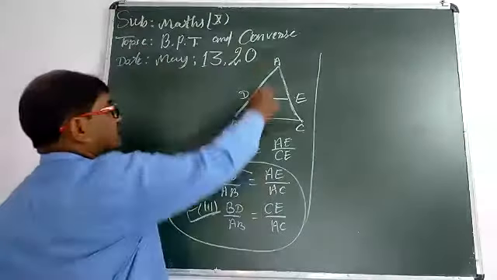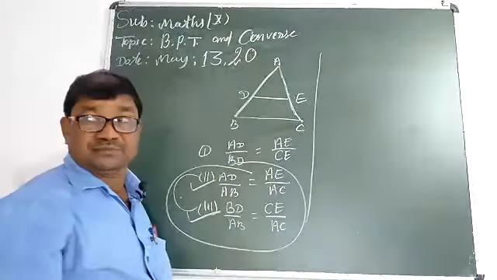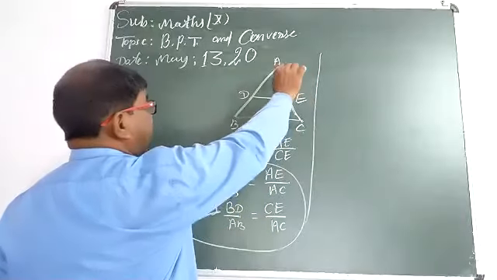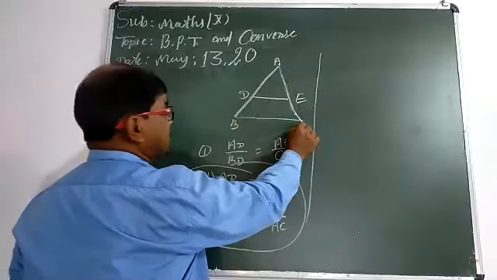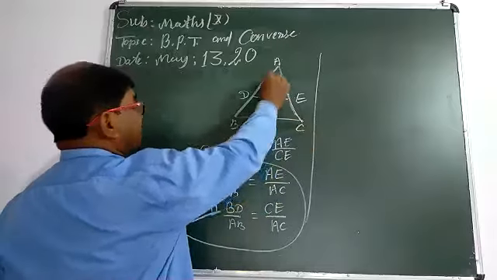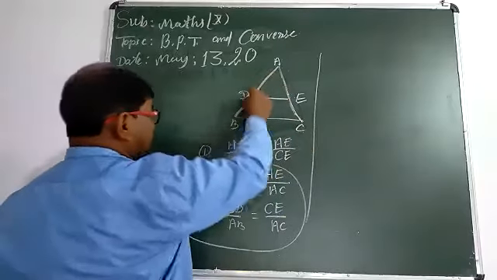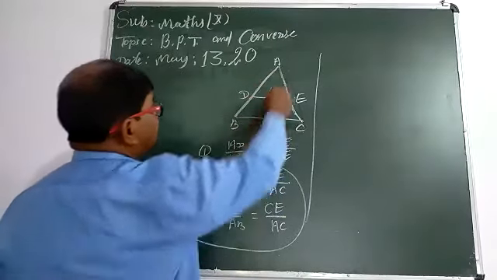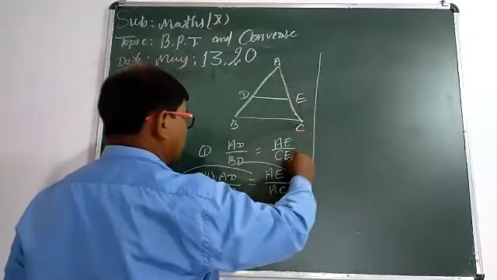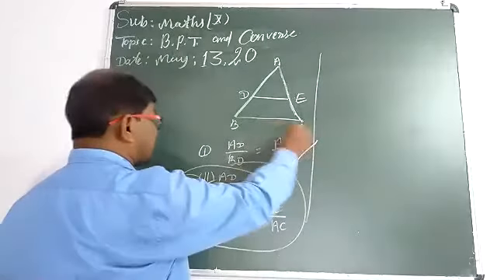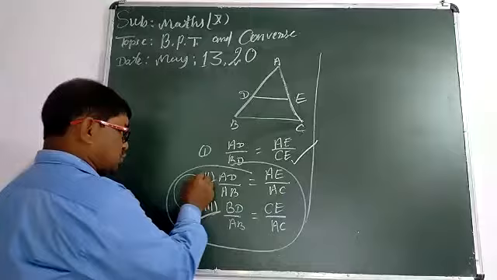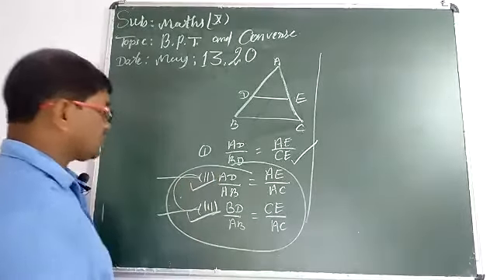Okay. Are you checking this diagram or not? This is the BPT in triangle ABC, DE parallel to BC, in such a way that AD upon BD equals AE upon CE, we have proved it. But from this major statement, these two minor statements are taken out.